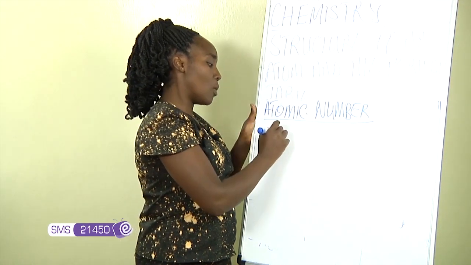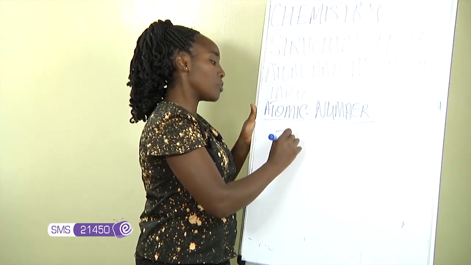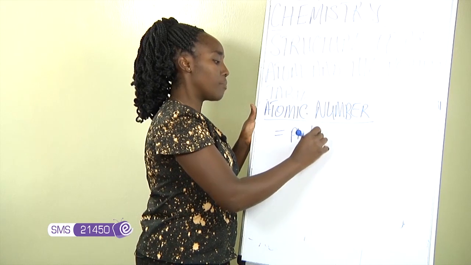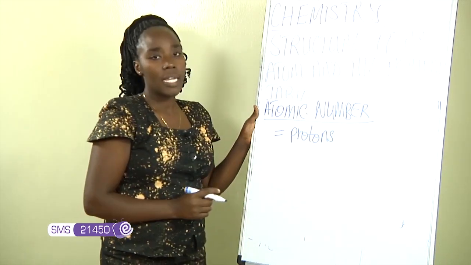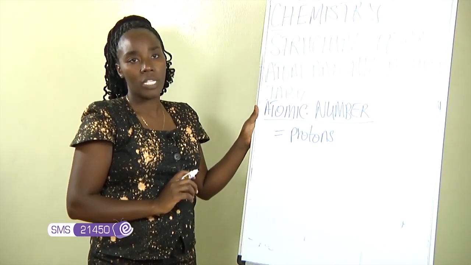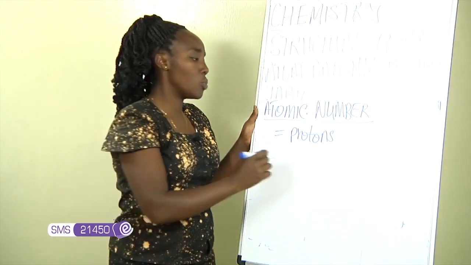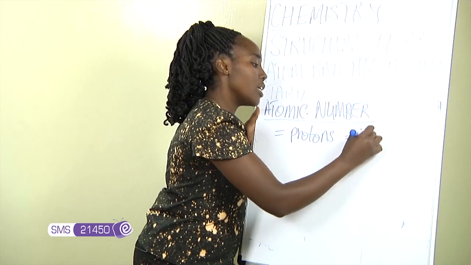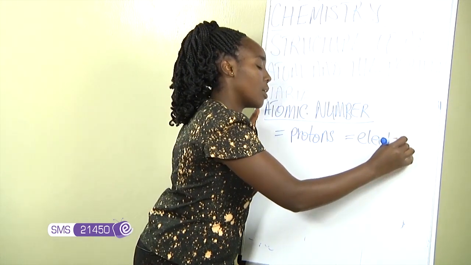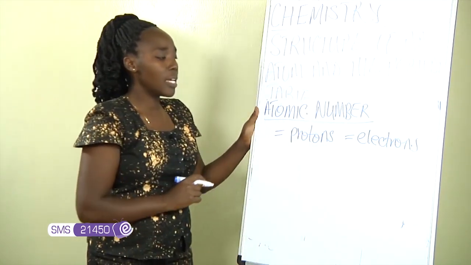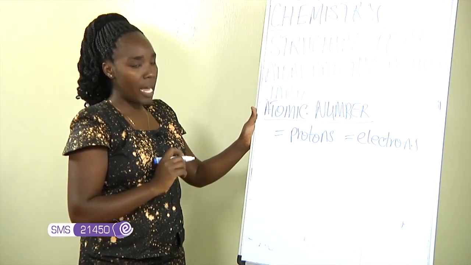So atomic number will be equal to the total number of protons that are found in the structure of the atom, which is also usually equal to the total number of electrons that are found in an atom.